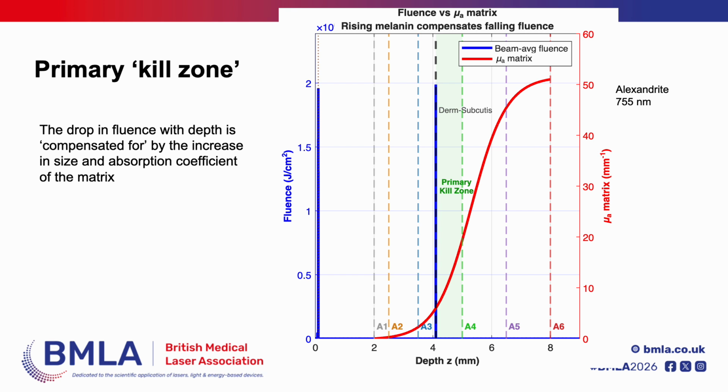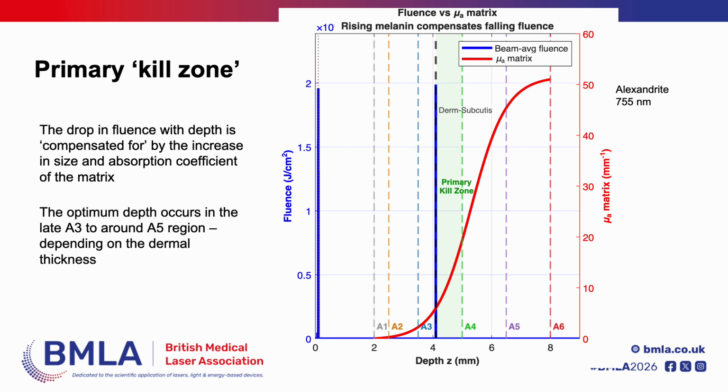So we get this almost balancing effect where the drop in fluence is compensated for by the increase in the size and absorption coefficient of the matrix, and so we can figure out that the optimum depth at which the matrix is killable is somewhere from late anagen 3 to somewhere near the anagen 5 part of the process, but that depends on the dermal thickness, not the other way around.